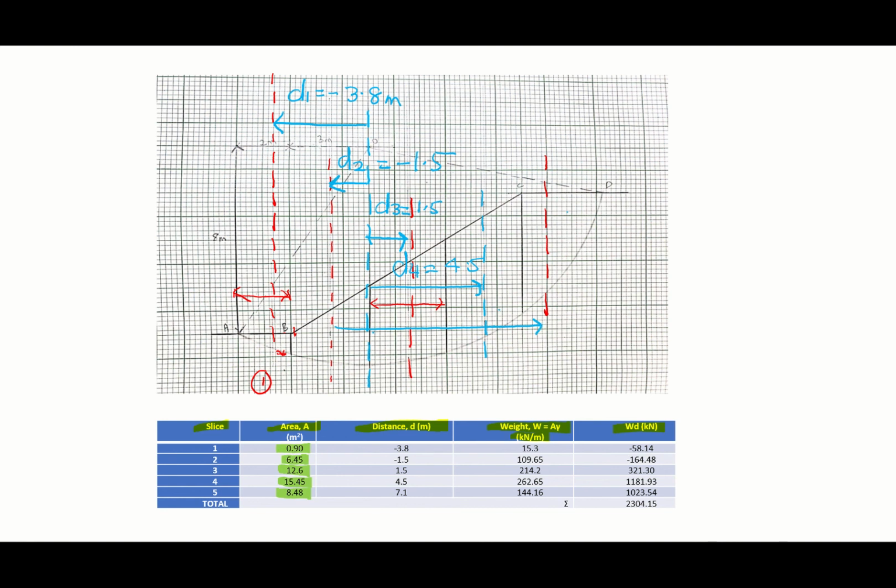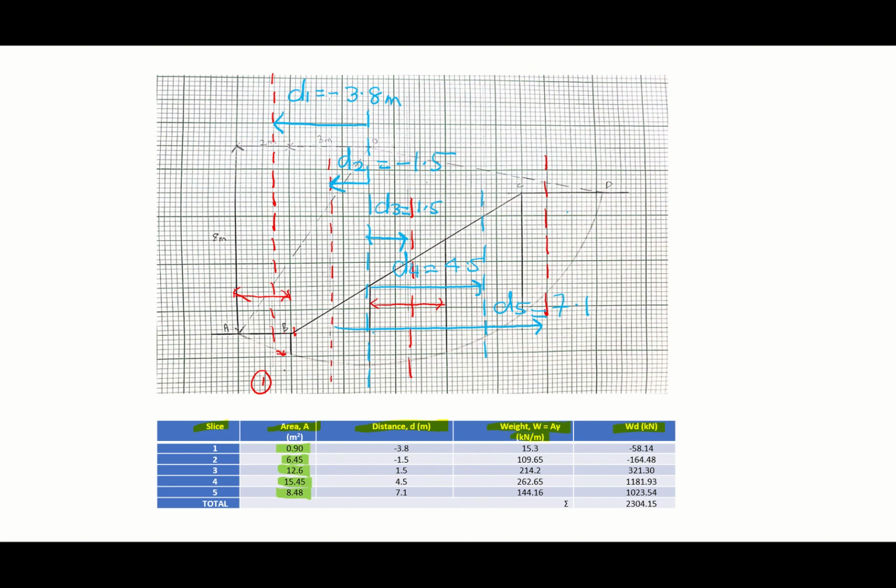To the right, that will be your D5 equal to 7.1. This is what we call the method of slices, and this is the information we get.